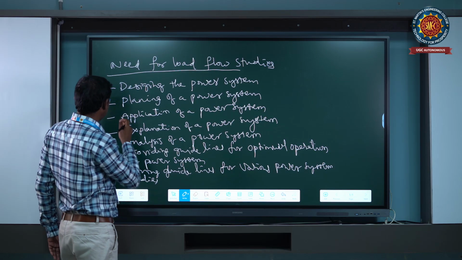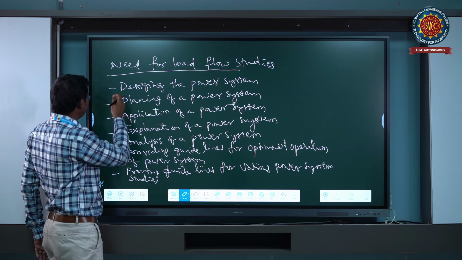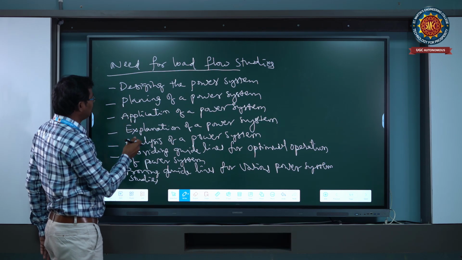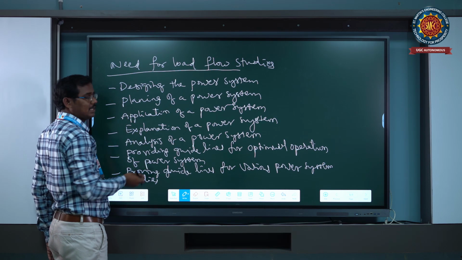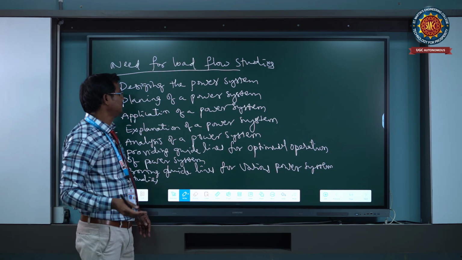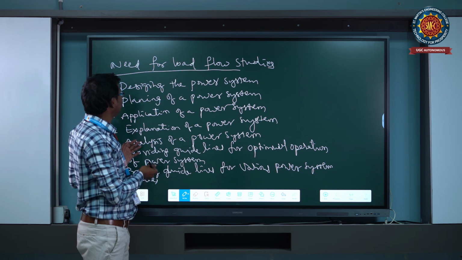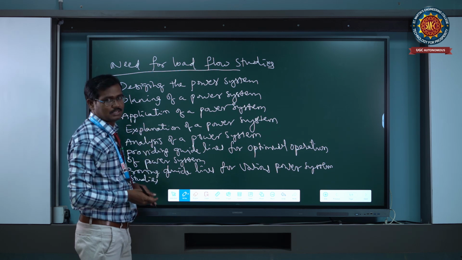These are the first, second, third, fourth, fifth, sixth and seventh needs, the applications of power system analysis. We can use these to implement the need for load flow studies.